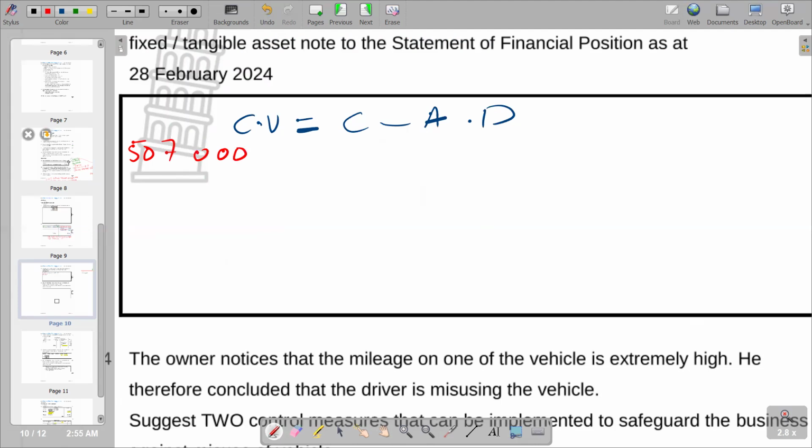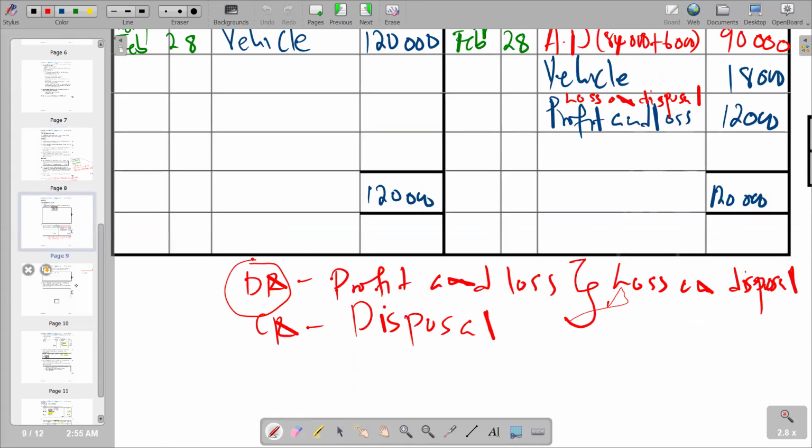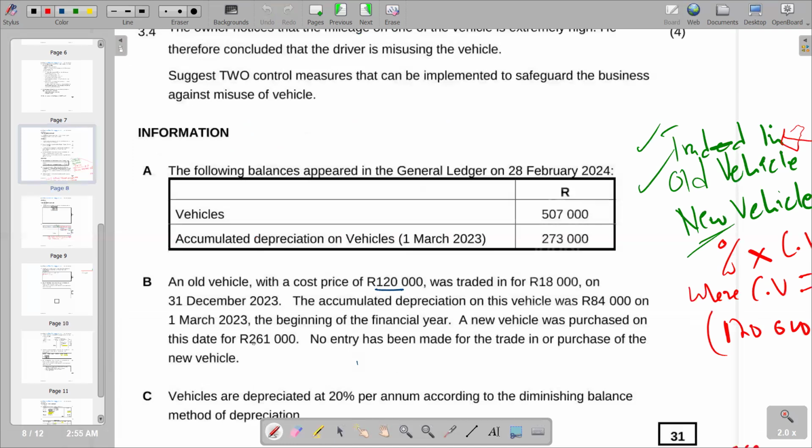And then we have what was disposed, which is 120. We subtract it because it is something that is going out of the business. But we also have what was purchased. So you see that we got 261 that was purchased here.